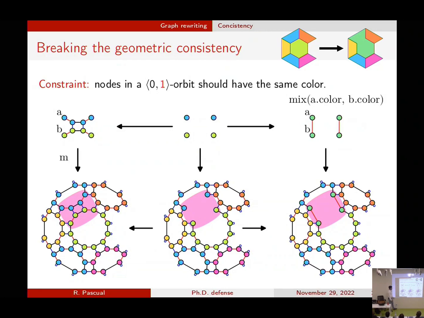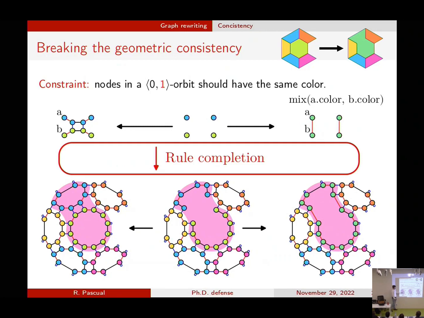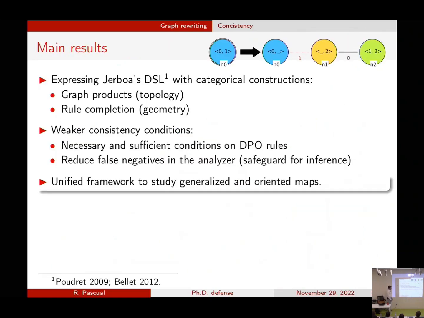And I've shown that we can extend this rule to obtain a solution that, regardless of the topology, will ensure that we never break this geometric consistency. So to recap everything I did in the formalization of this language, first I proposed a formalization of previous works done by Thomas Bellet and Mathieu Poudret during their thesis, using graph products and using rule completion for the geometry.